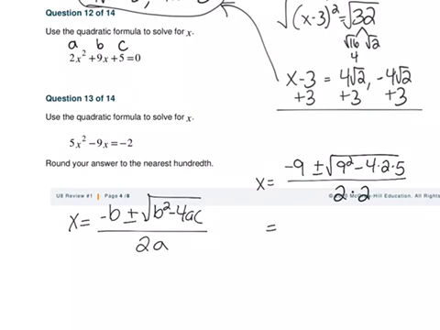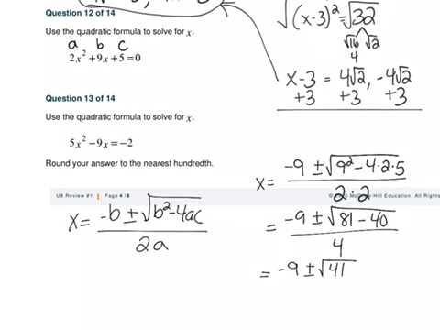Okay, so let's simplify it a little bit. We have -9 plus or minus the square root of 81 minus 4 times 2, which is 8, 8 times 5, which is 40, all over 2 times 2, which is 4. So this becomes -9 plus or minus the square root of 41, 81 minus 40 is 41, all over 4.